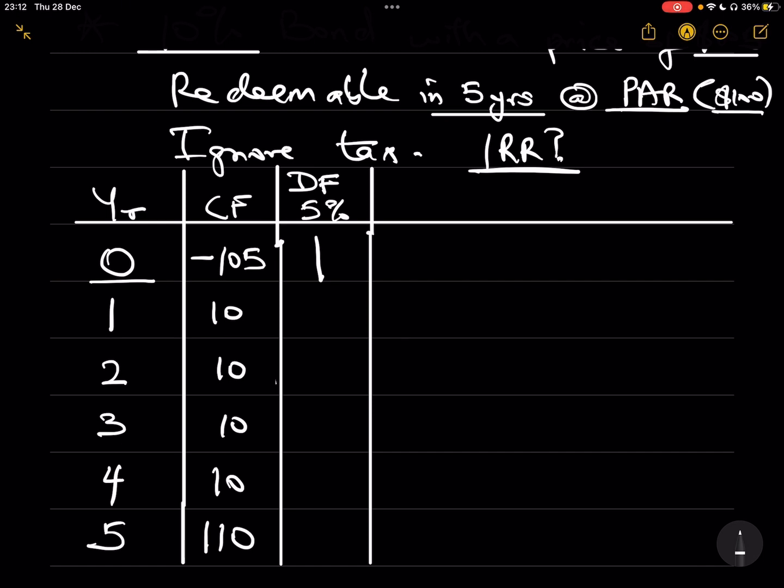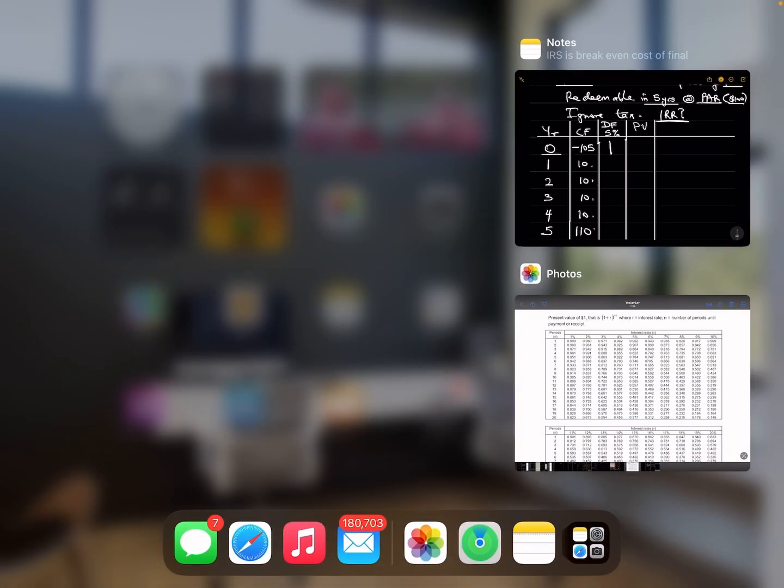This is worth $10 in year 1, $10 in year 2, $10 in year 3, $10 in year 4, 110 in year 5. We need to know what they are worth now, so we need their present value, and to get it we need the present value table to show us the discount factor.